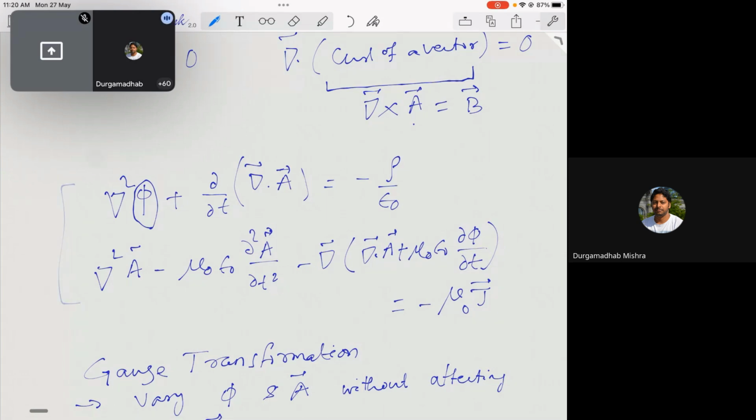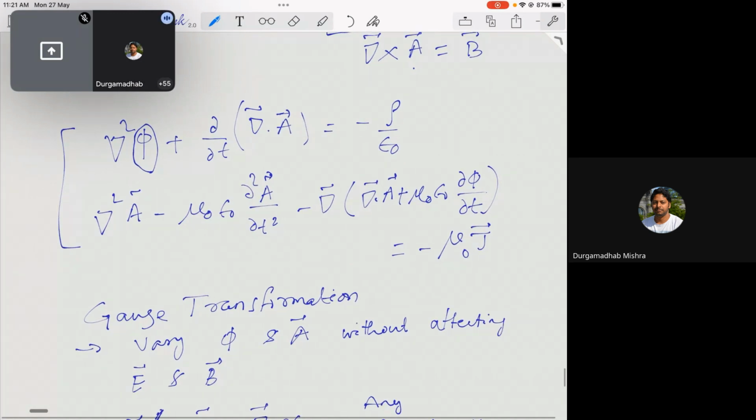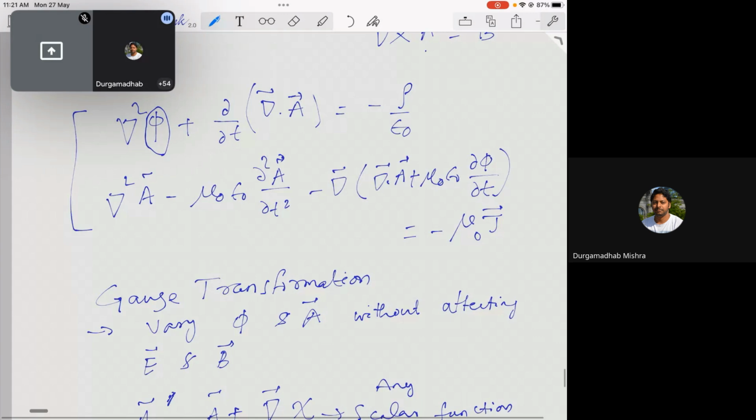This is where certain gauge conditions are imposed to make these equations much simpler. These gauge conditions do not affect the gauge transformation. The conditions are chosen in such a way that they do not change the overall electric and magnetic field. Everything remains the same as we have discussed. They only simplify these equations.